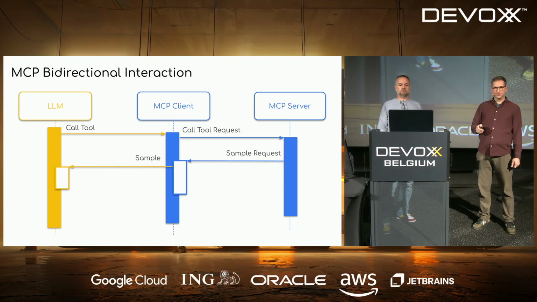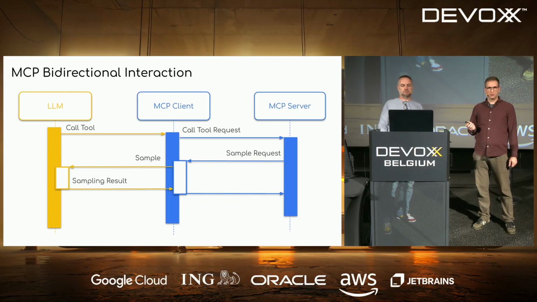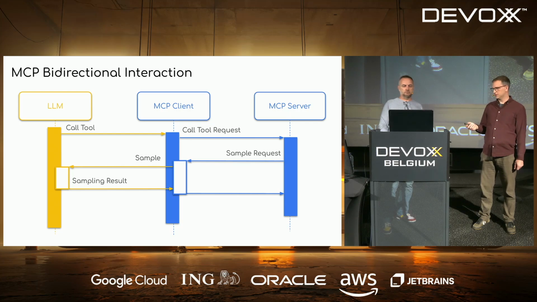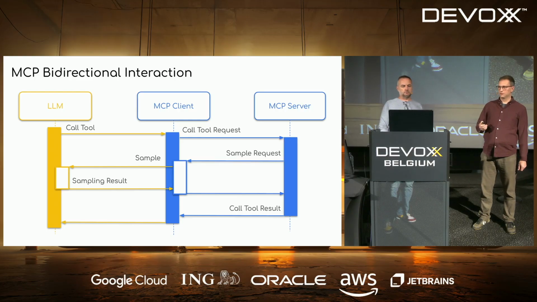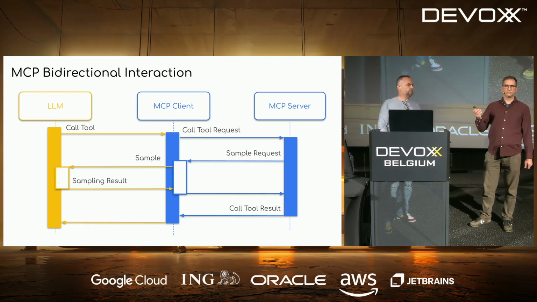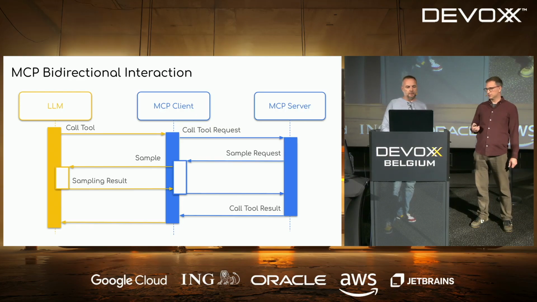The client proxies that back to the LLM. The response comes back, luckily, and it proxies that forward to the MCP server, which now can fulfill the promise of the tool call, and that goes two steps back to the LLM, which can finalize the response that was initially created.